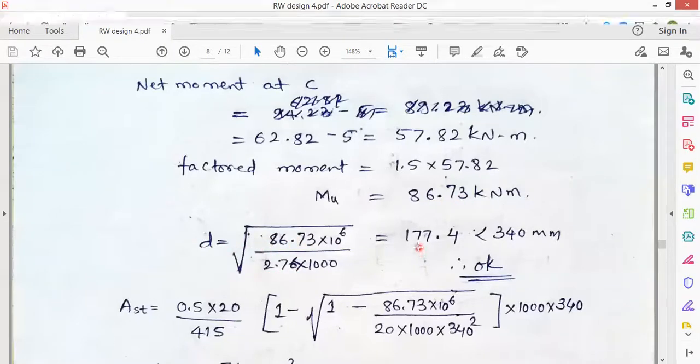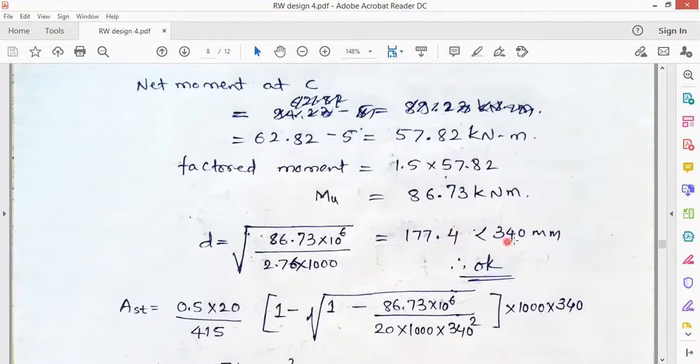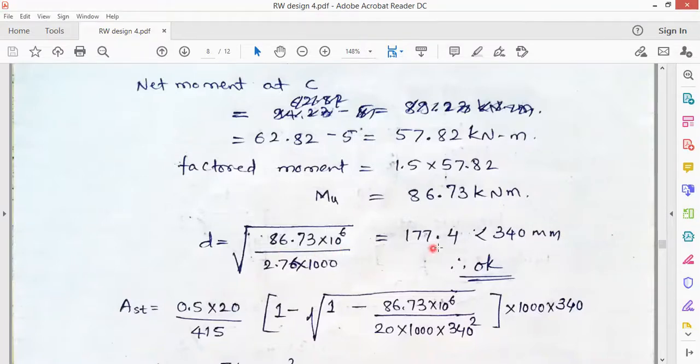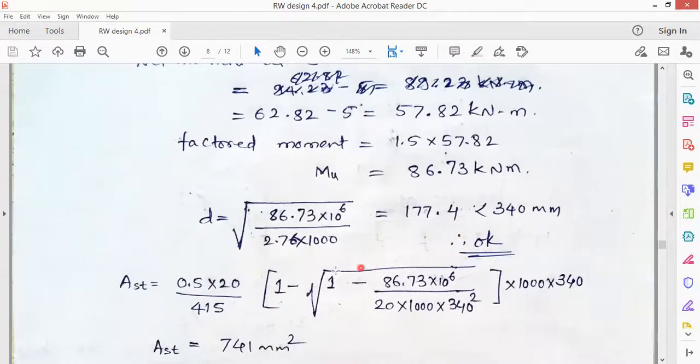So we obtain here d is equal to 177.4 mm. As we have provided 340 mm effective depth, because total depth is 400 mm and effective cover is 60 mm, so effective depth is equal to 340 mm. Depth provided is 340 mm and required depth is 177.4 mm, hence it is okay.